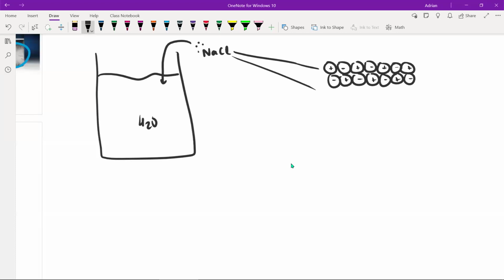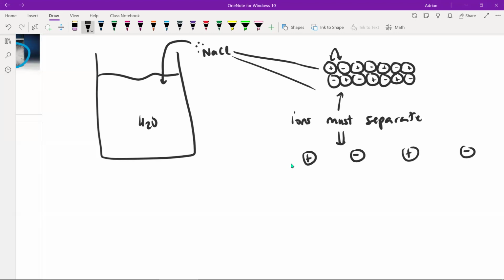So in order for the sodium chloride to dissolve in the water, these ions must separate, first of all, from each other. That entails breaking these very strong attractive forces between the positive and negative. So now we're going to have sodium ion, chloride ion, sodium ion, chloride ion, etc.